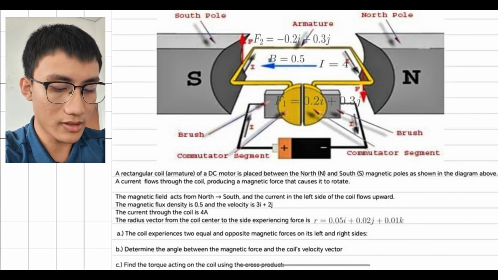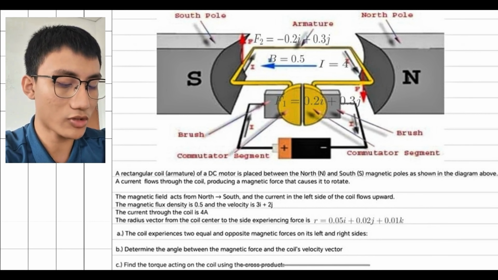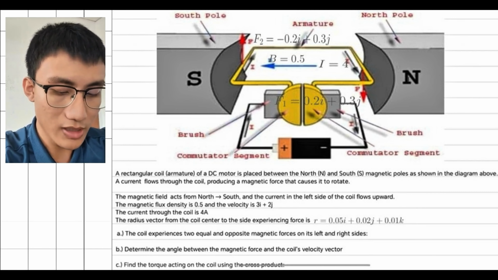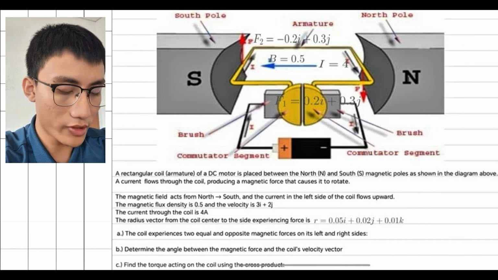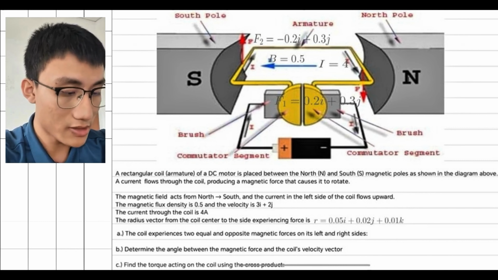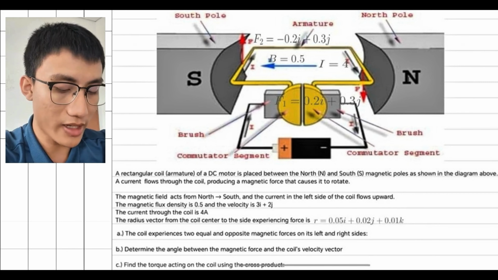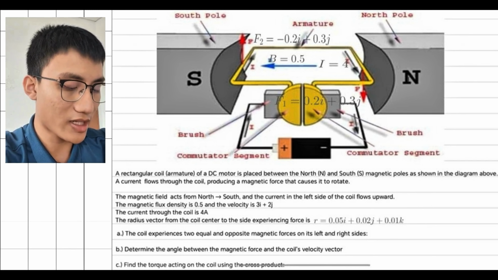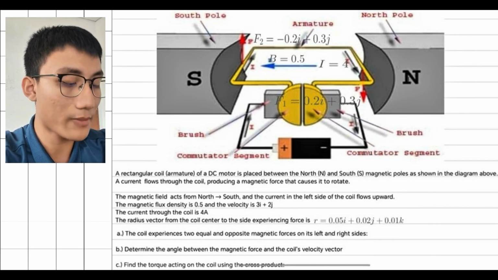Now, a rectangular coil of a DC motor is placed between the north and south magnetic poles as shown in the diagram above. A current flows through the coil producing a magnetic force that causes it to rotate. The magnetic field acts from north to south and the current in the left side of the coil flows upward.